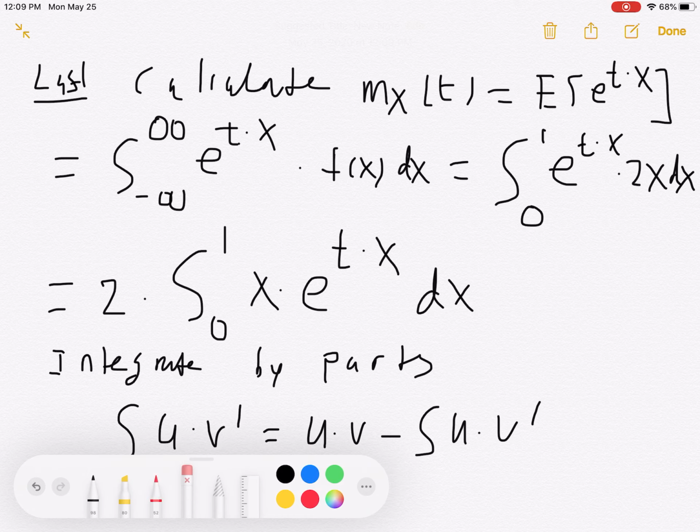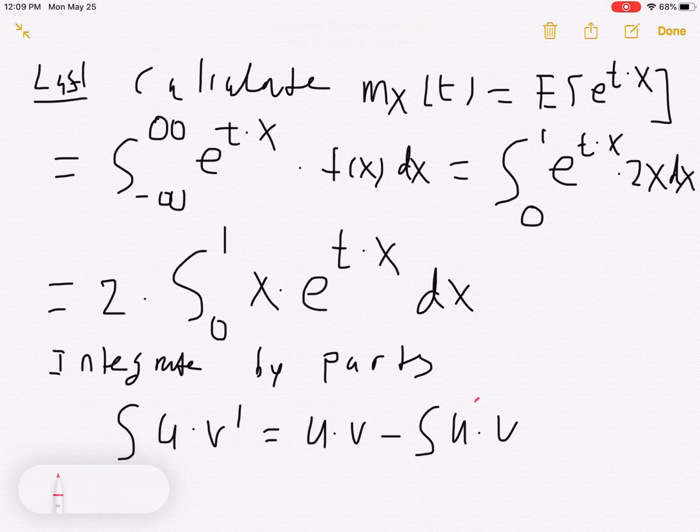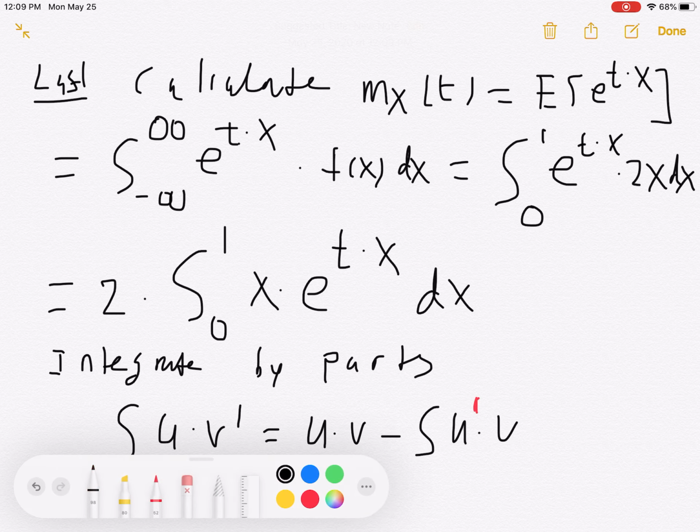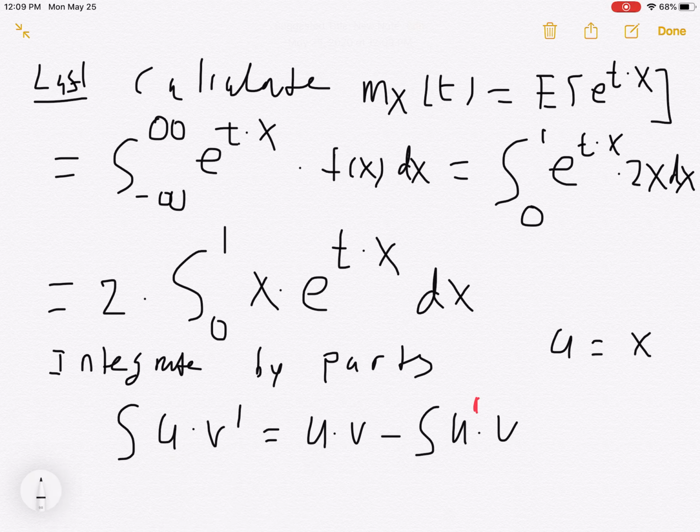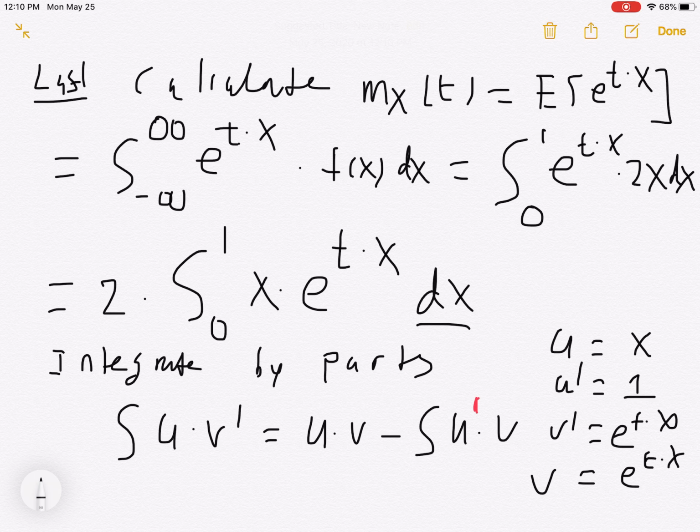Small little error there, it's u prime v here. So I'm going to let u equal x, so u prime is equal to 1. And v prime then has to be equal to e to the t times x. The antiderivative of this with respect to x is v equal to e to the t times x over t.